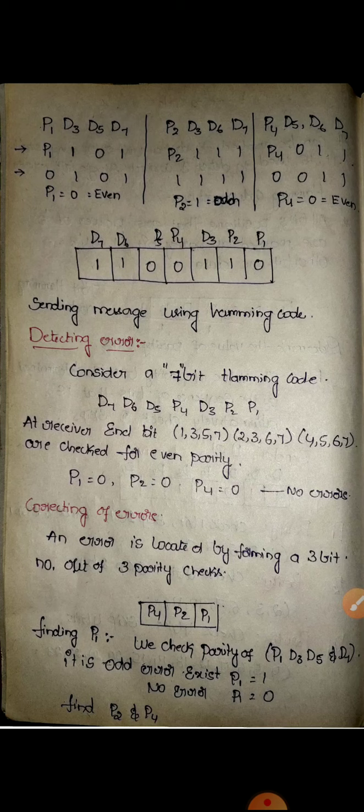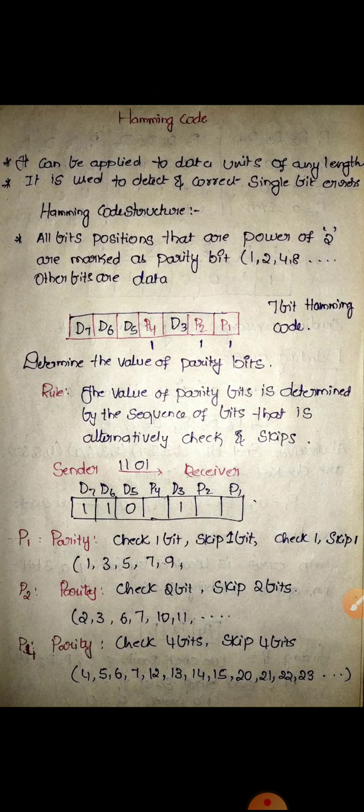In this 7-bit Hamming code, I need to send the information. The information is 1101, which I send from sender to receiver. Previously I kept this information in my 7-bit data table, but I have not filled P1, P2, P4.